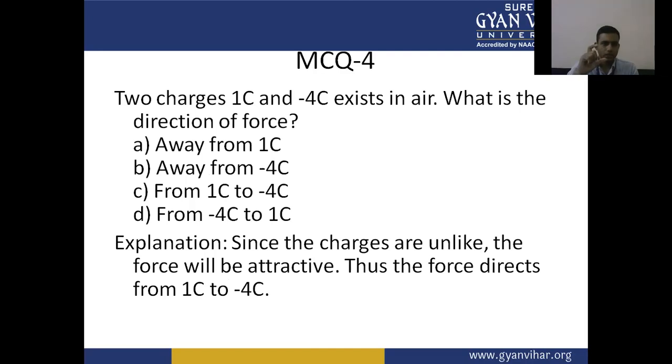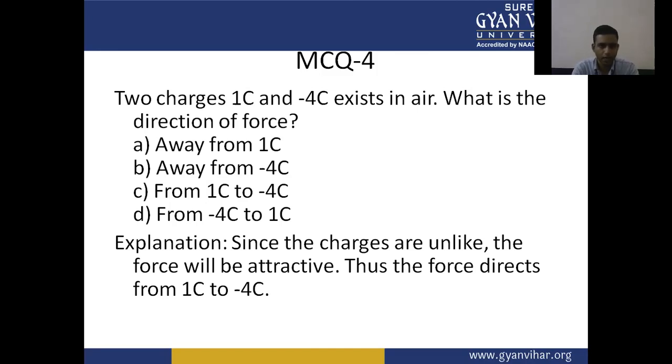Two charges, 1C and minus 4C, exist in air. What is the direction of the force? A, away from 1C; B, away from minus 4C; C, from 1C to minus 4C; D, from minus 4C to plus 1C. Since the charges are unlike, the force will be attractive.